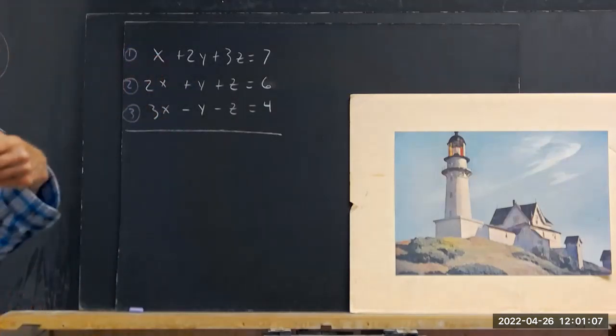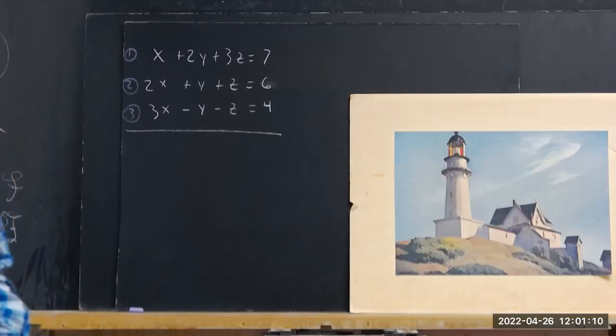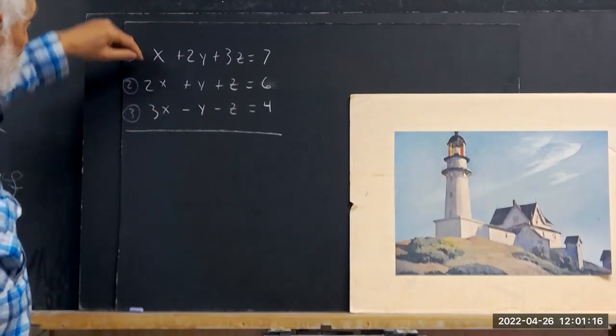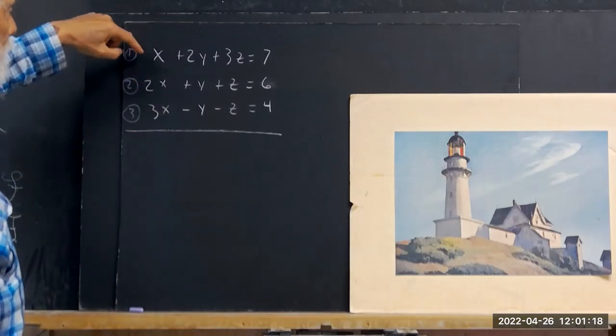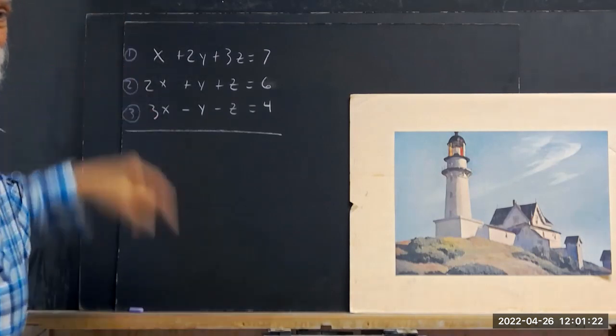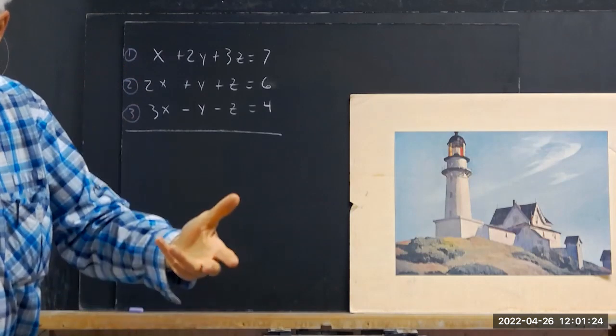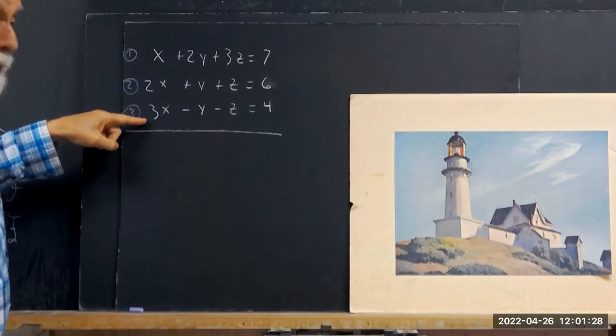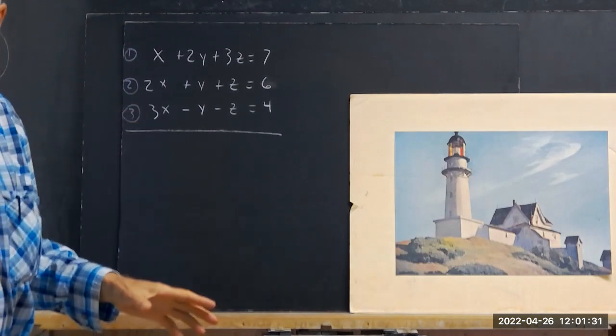And I'm going to want to eliminate the same variable from another two equations. The easiest variable to eliminate is x. Because if I add -2 times x to 2x, I'm going to get no x, right? And if I add -3 times x to 3x, I'm not going to have an x.